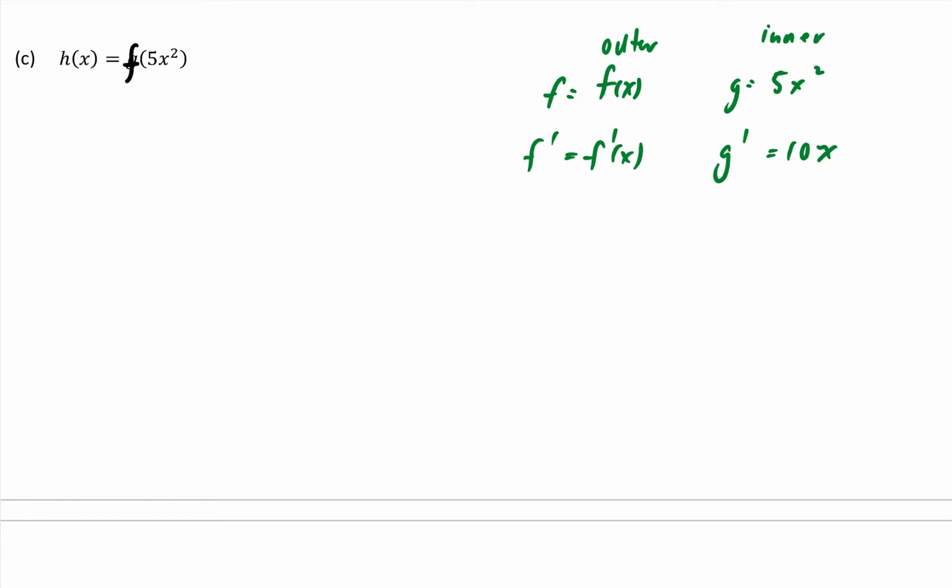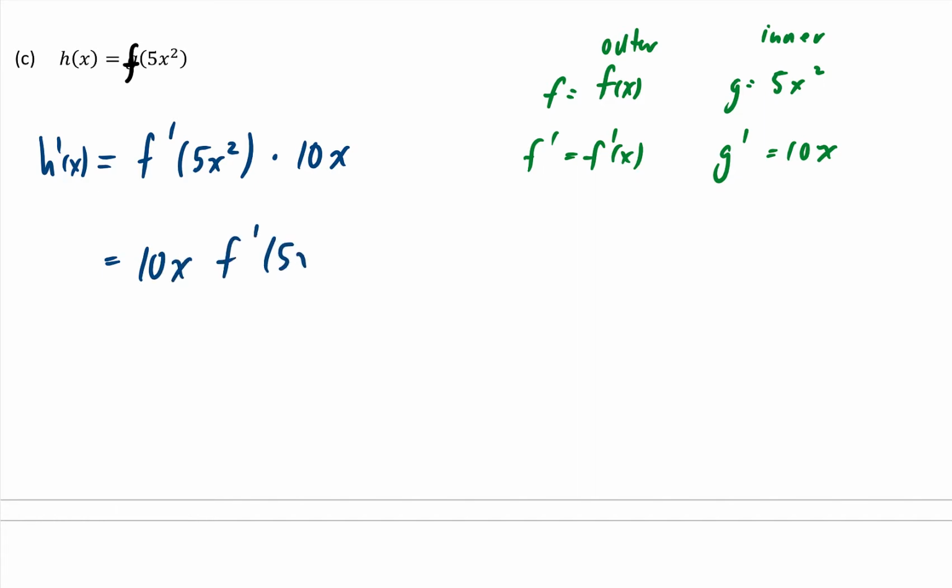That is 10x. So this derivative here, so h prime of x, is equal to, well, it's f prime of whatever g of x is, so this is 5x squared, times the derivative of the inside, which is 10x. And again, we could rewrite it like this. And we're done.